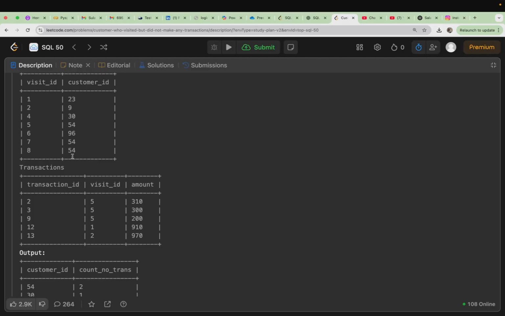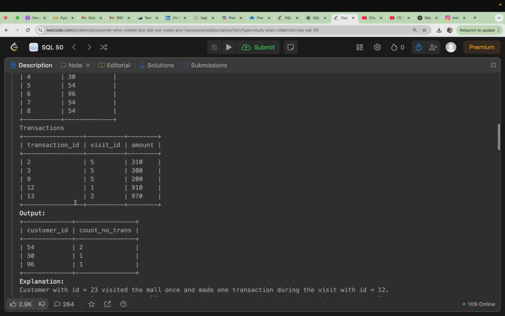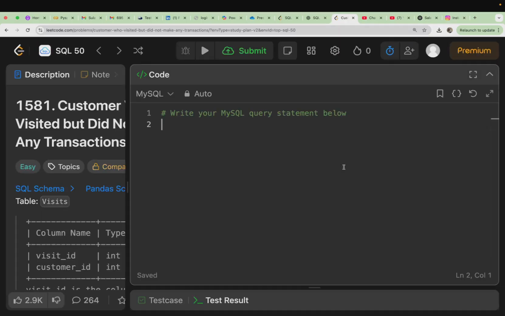In those 3 visits, he made transactions but in a single visit only, that is visit ID 5. In visit ID 7 and visit ID 8 he hasn't made any transaction. So we need those 2 rows to be counted and shown as our output. I hope that's clear. Now let's try to write down the query.